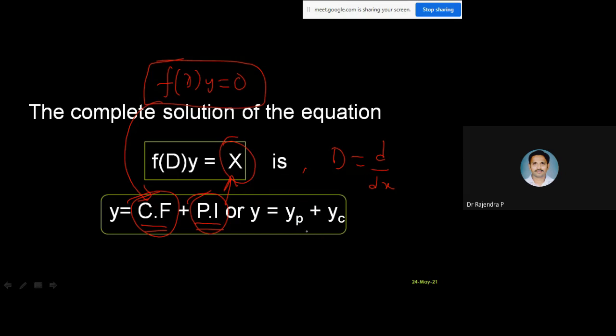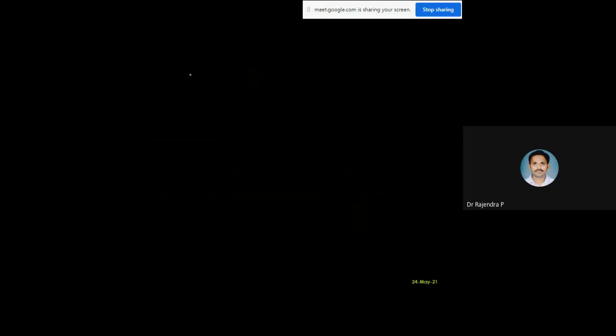Y is equal to yp plus yc, which represents particular integral plus complementary function. Usually we write the complementary function first, then the particular integral. Right, so let me discuss the cases of how you find the solution.